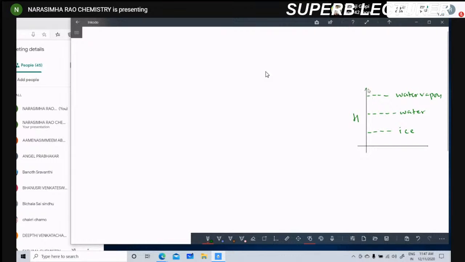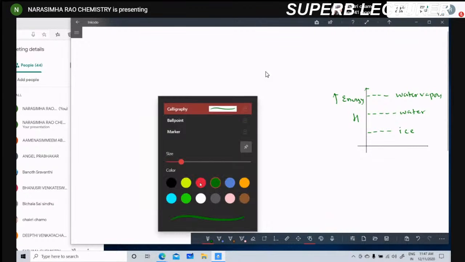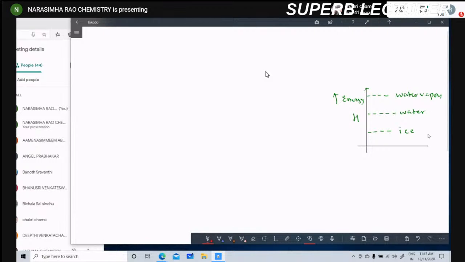Energy is increasing along this axis. Right, children? Which has the lowest energy? Solids. Solids have lower energy than liquid, and liquid lower than gas.